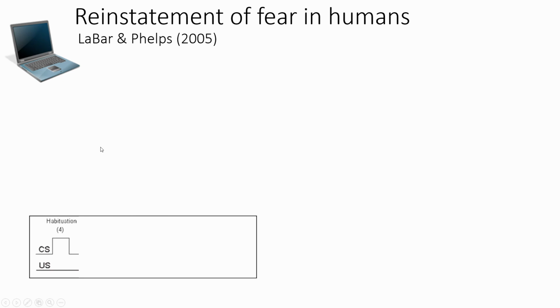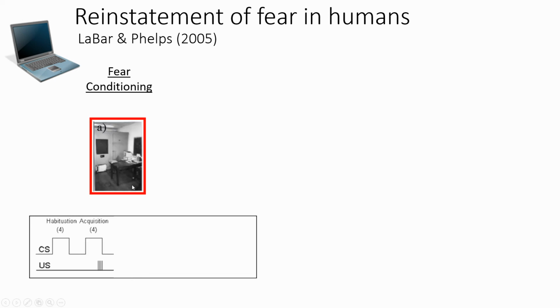So we're going to look at an experiment that was studying reinstatement of fear in humans. So this was done in 2005. And this is going to be fairly similar to what we just saw with rats being trained in different conditions. But at the very beginning, we're looking at fear conditioning to a blue square on a computer screen.